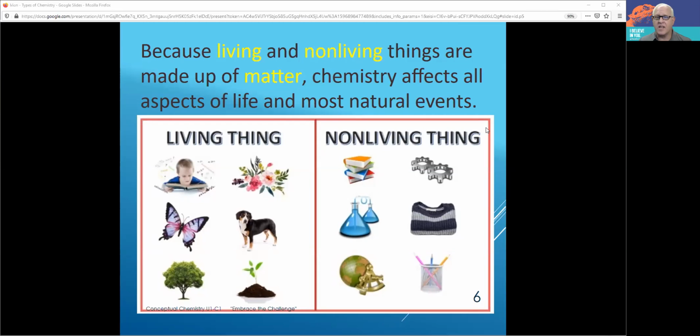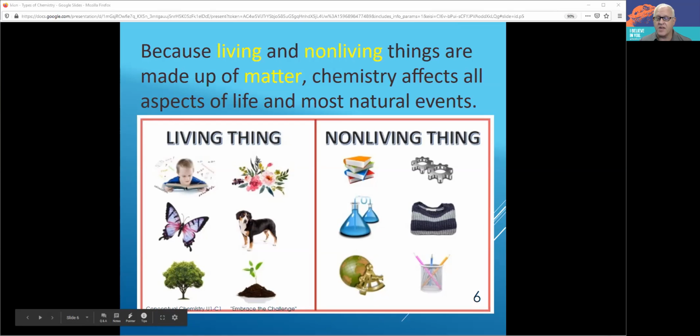Because living and non-living things are made up of matter, chemistry affects all aspects of life and most natural events. Among living things, many that you're familiar with, we have people, flowers, butterflies, dogs and animals, trees, and little plants that grow in the earth that make us food.